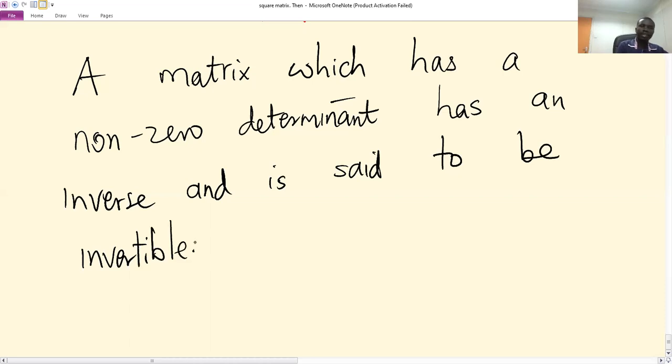So whenever the determinant is non-zero, then we are assured that there is an inverse, and we say that that matrix is invertible.